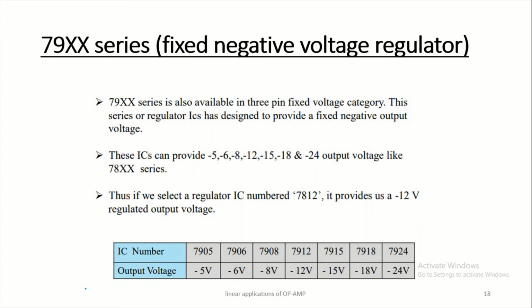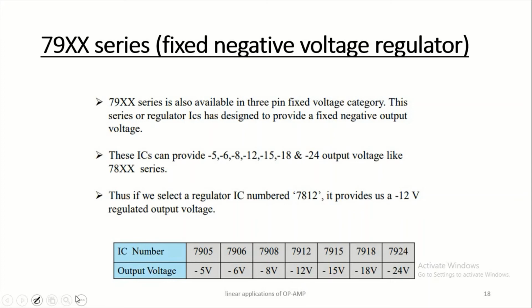These ICs can provide -5, -6, -8, -12, -15, -18 and -24 volt output voltage like the 78 series. In addition to that, the series provides -2 volt and -5.2 volt output voltage options. The table lists different negative regulator ICs in the 79 series.